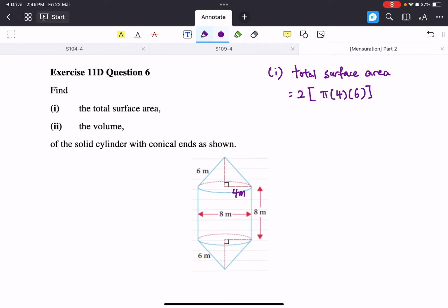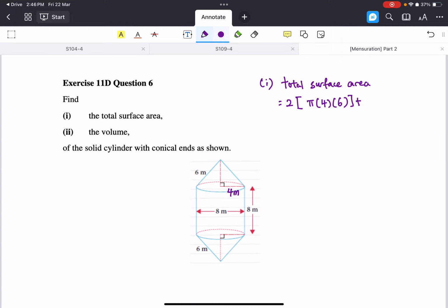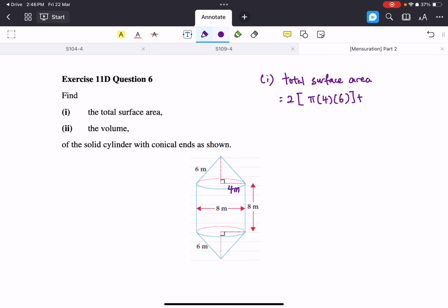Then after that we have the cylinder, right? So this will be adding up. Let me move my page a little bit. Okay, so what we need is the diameter. The diameter is going to be pi times 8, and then we multiply by 8 again for the whole length.